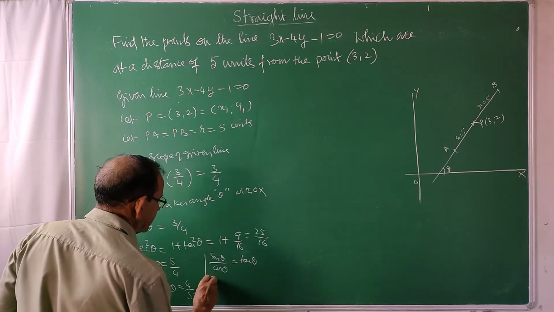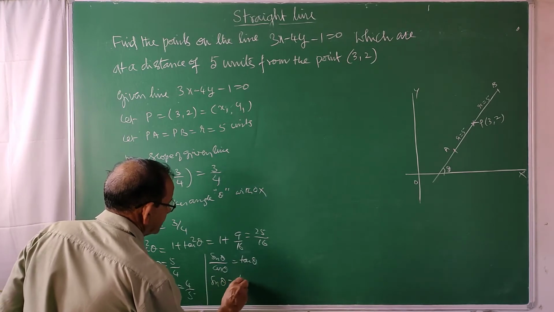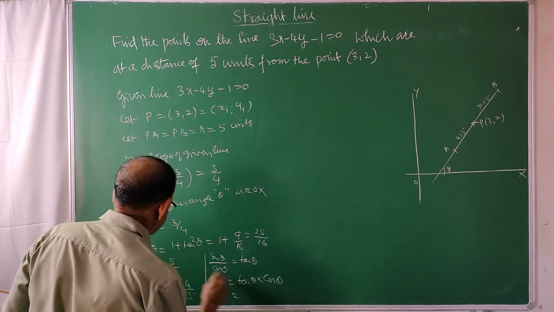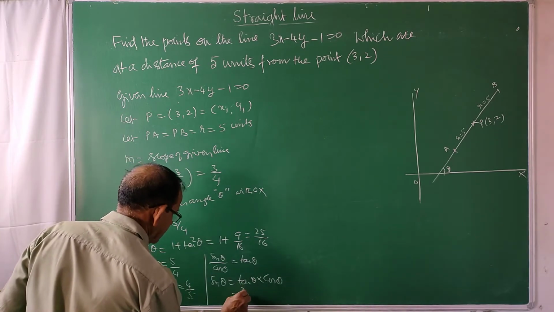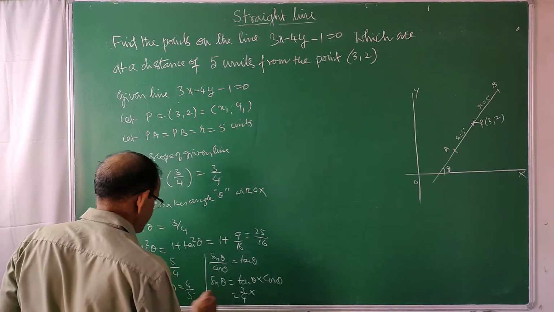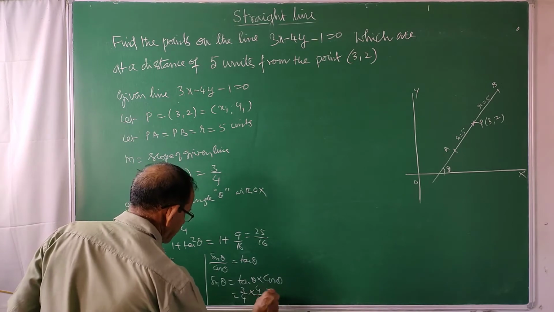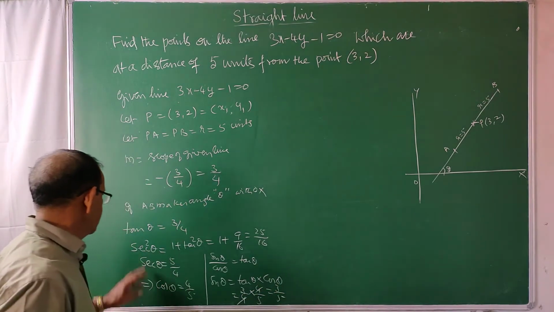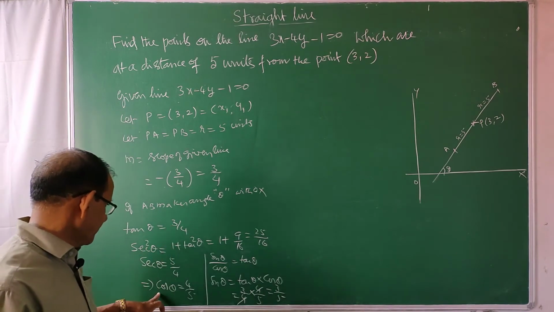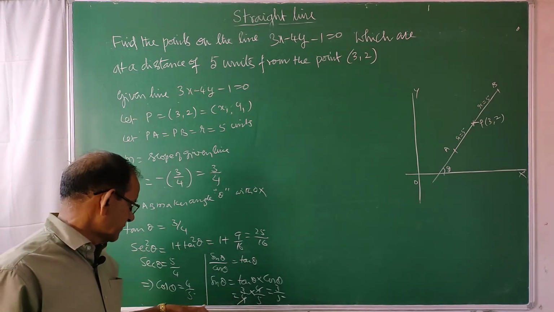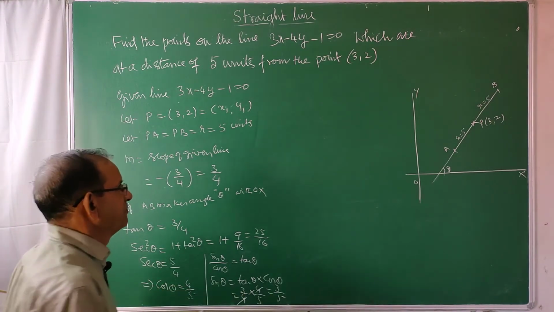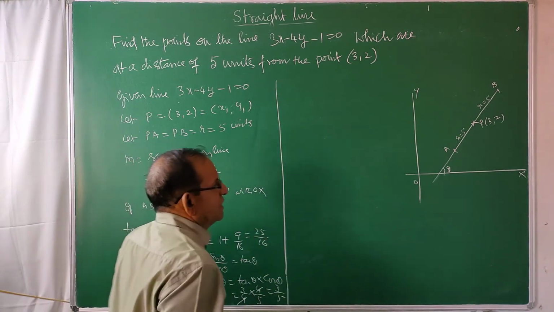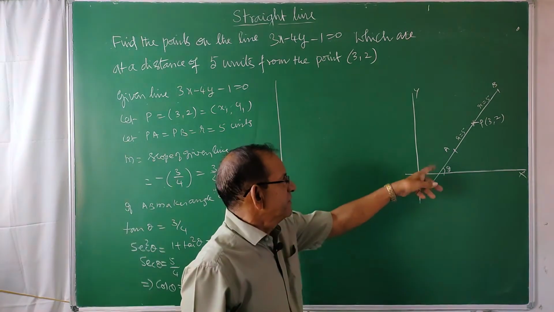That means sin theta is equal to tan theta into cos theta, that is 3 by 4 into 4 by 5. So 4 is cancelled, 3 by 5 is the value of sin theta. So from tan theta equal to 3 by 4, we got cos theta is 4 by 5 and sin theta is equal to 3 by 5. Now the formula for the required points, that is points which are at a distance of 5 units from the given point.